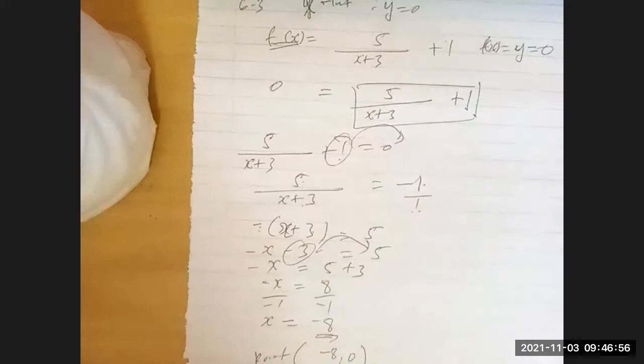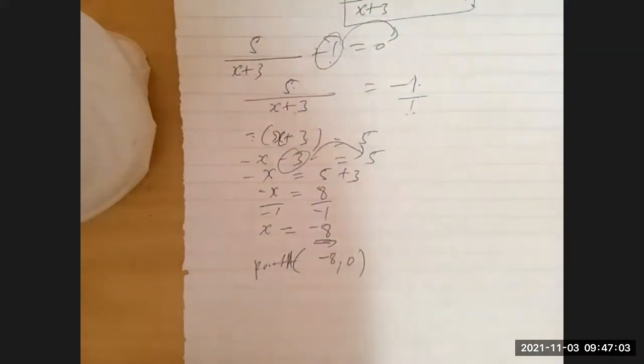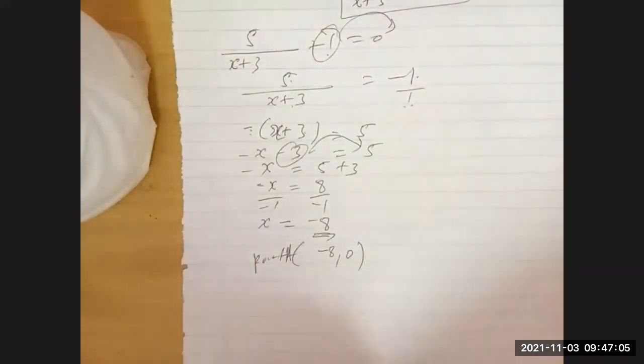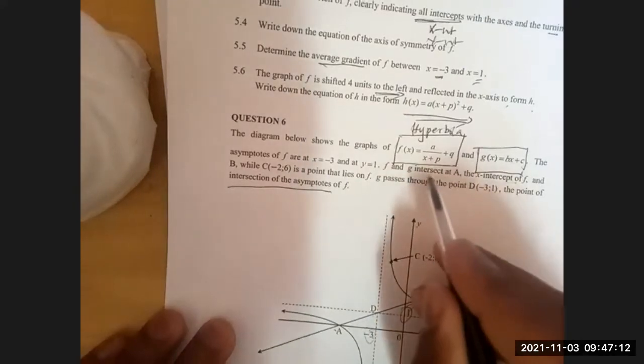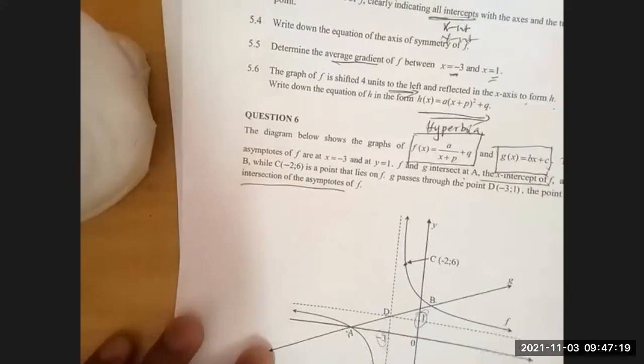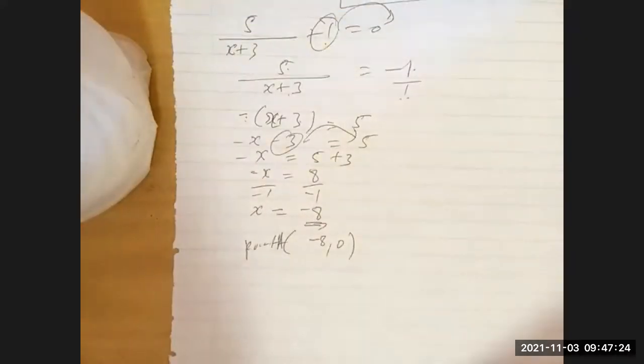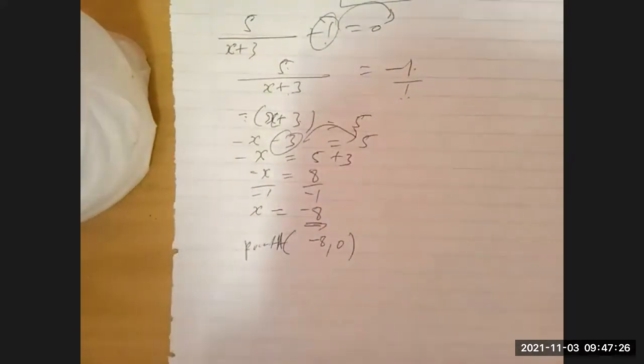That is the coordinate of the x-intercept. And that x-intercept was point A, if you still remember what they said to us: A, the x-intercept of f. So now, what is it that you're supposed to do? That was 6.3. After 6.3, what is it that we have to find?